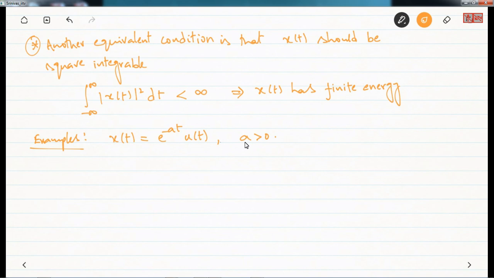So we are given a signal e power minus at u of t. See, because u of t is greater than 0 only for t greater than 0, this signal is non-zero only for t greater than 0, right?